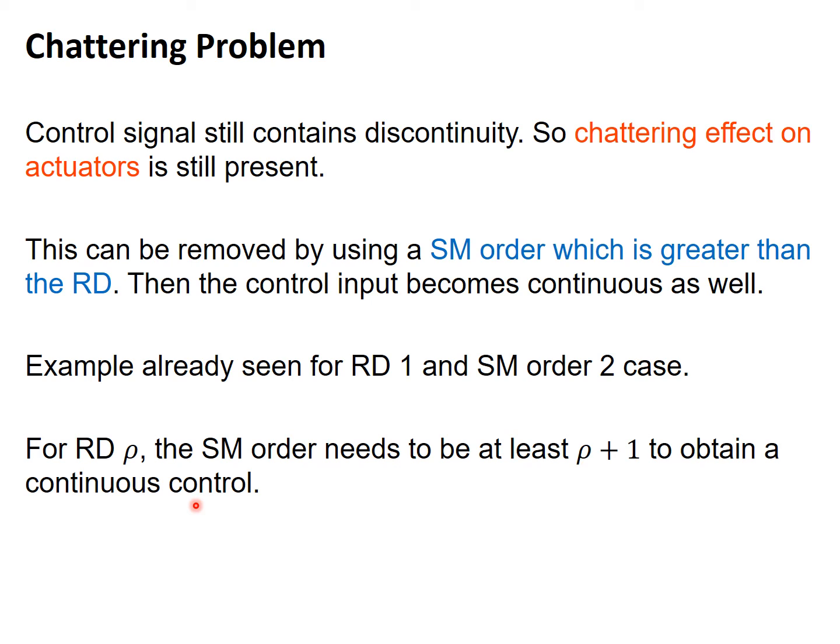So you choose a sliding mode order which is higher than the relative degree, at least by 1. So at least rho plus 1 sliding mode order to get a continuous control. This is what you have to do.